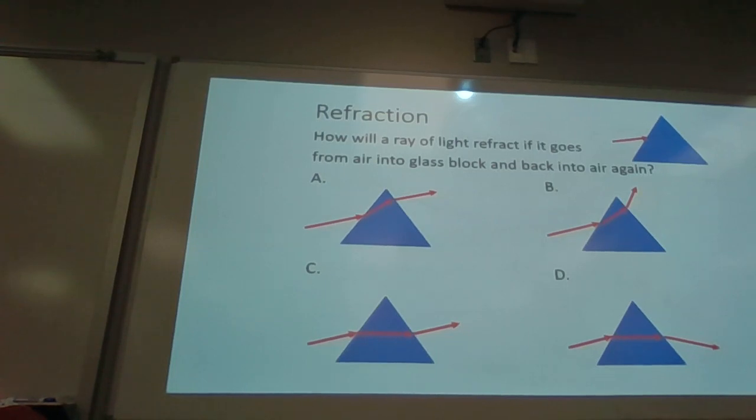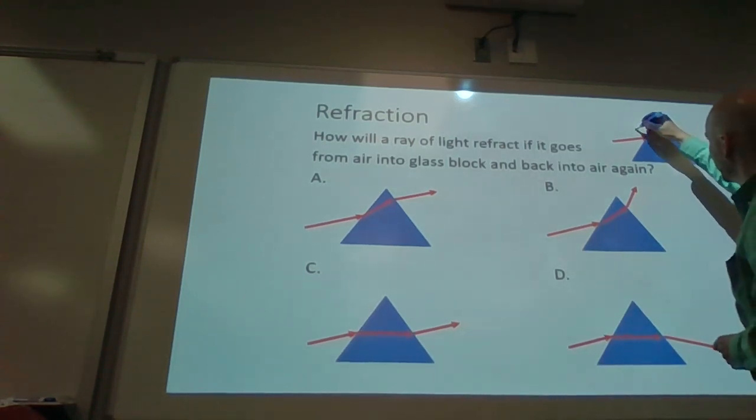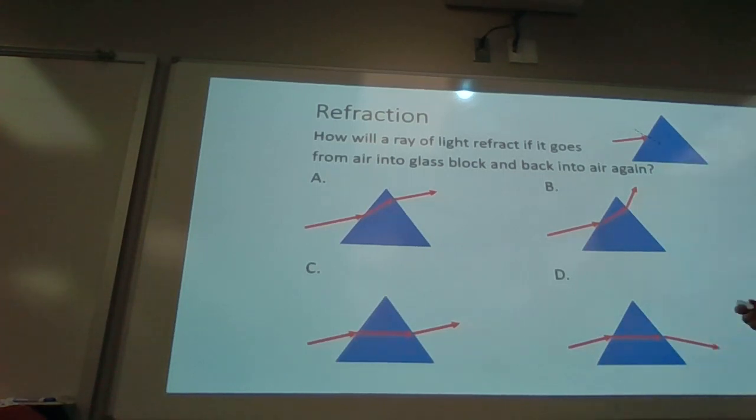Okay, let's take a step at a time here. Show me with your arm the normal line for this surface. It's perpendicular. Good with that, the normal line? When it goes from air to glass, it's going to bend towards the normal line.